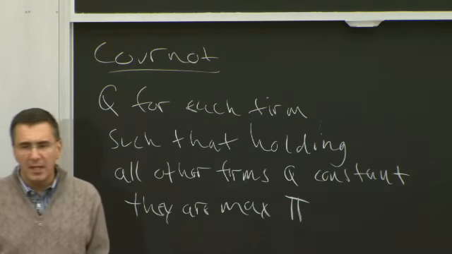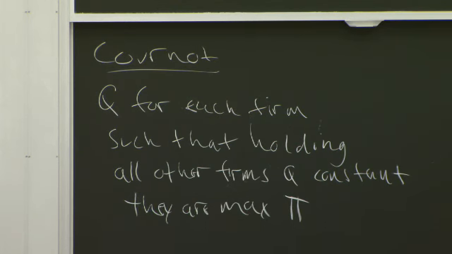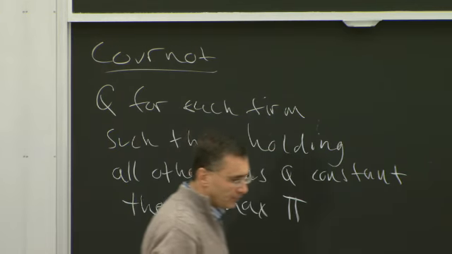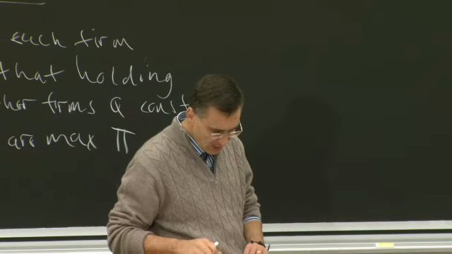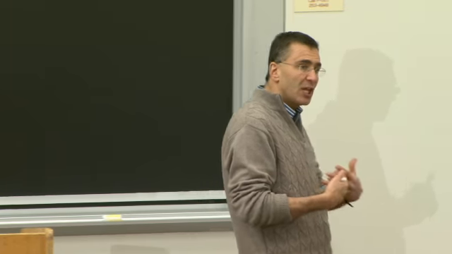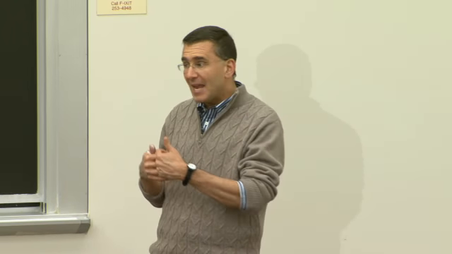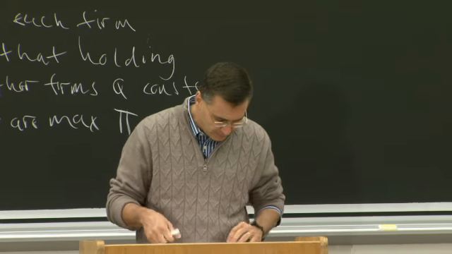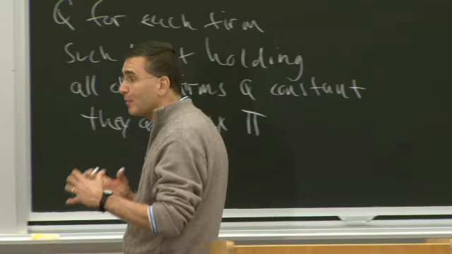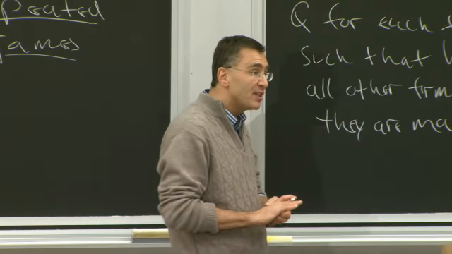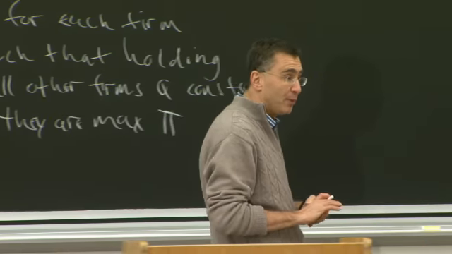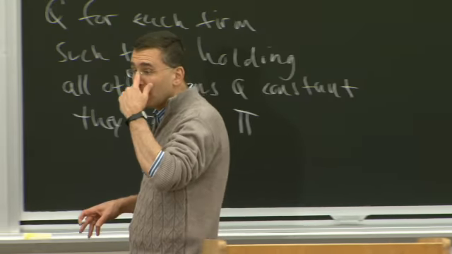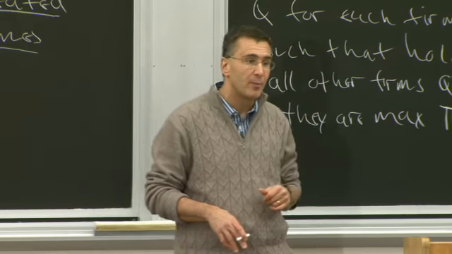So I choose a quantity such that, holding all the other firms' quantities constant, I'm choosing a profit maximizing quantity. And if each firm can choose a quantity that makes the market function where this is met, then you're in Cournot equilibrium, where each firm decides, I'm happy. It's the same as the Nash concept. I'm happy with what I'm producing. I'm profit maximizing given what everybody else is producing. If everybody feels that way, then you're in a Nash equilibrium or a Cournot equilibrium.